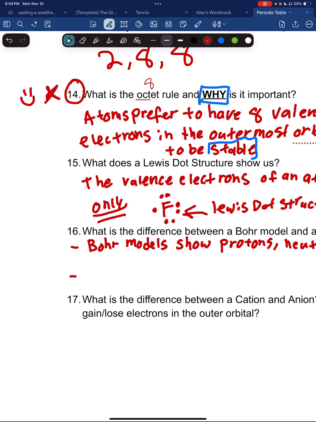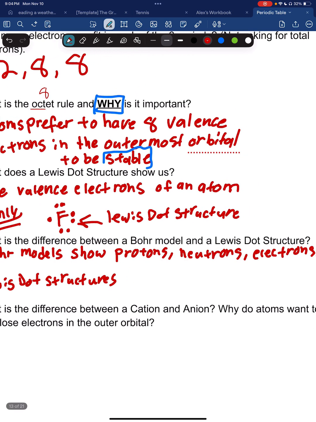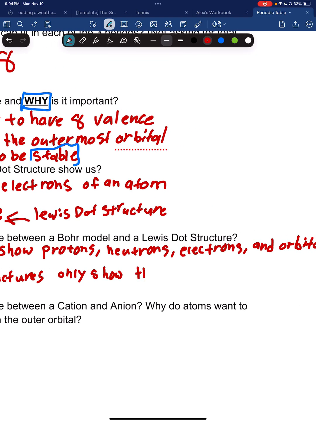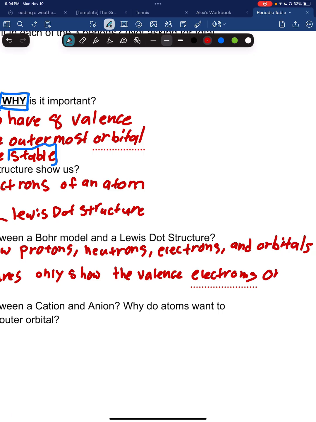But Lewis dot structures only show valence electrons only.